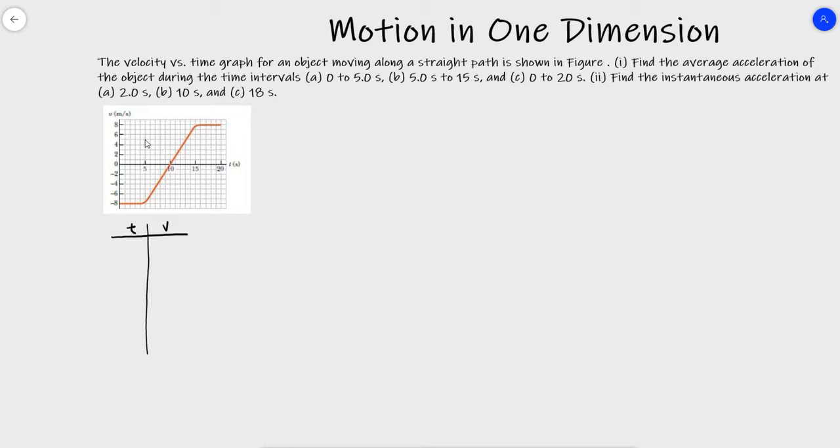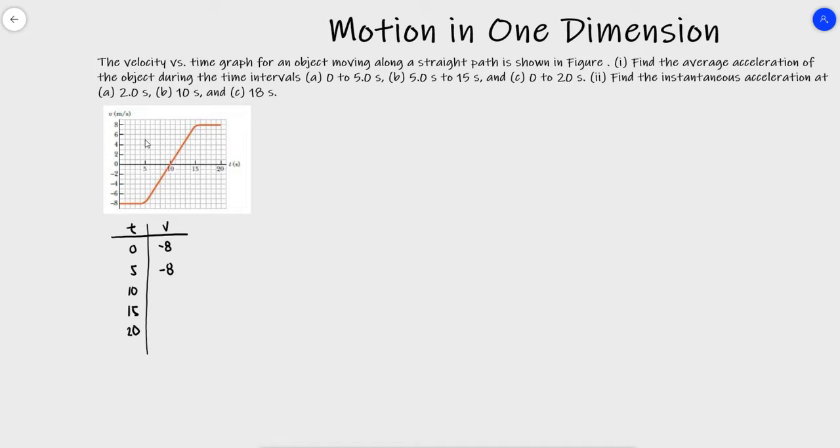Let's say the time is every 5 seconds. Let's say 0, 5, 10, 15, and 20. At 0, the velocity is negative 8, and at 5 it is still negative 8.